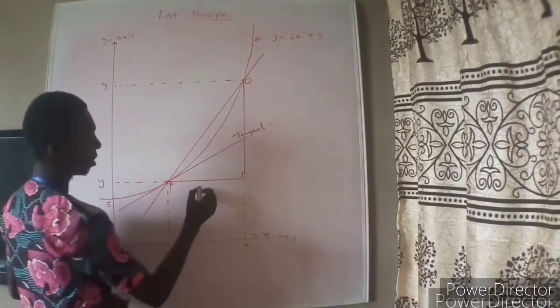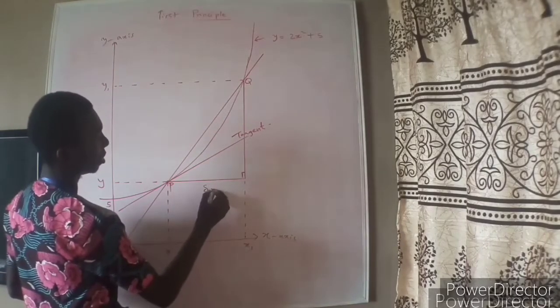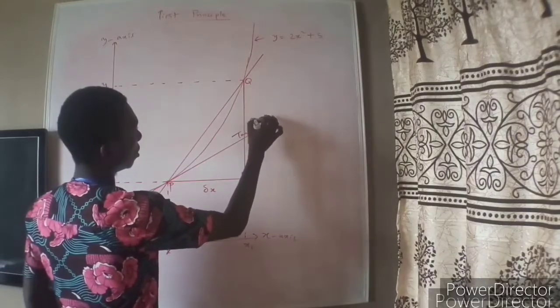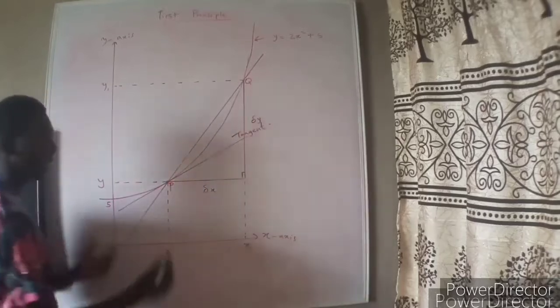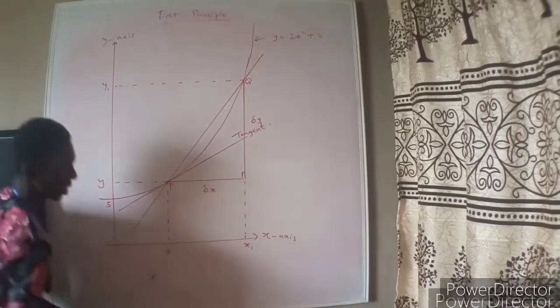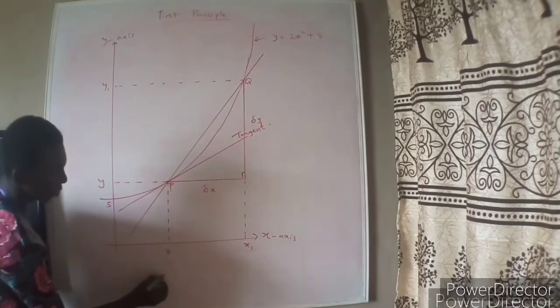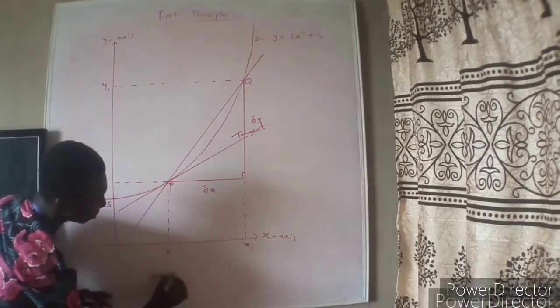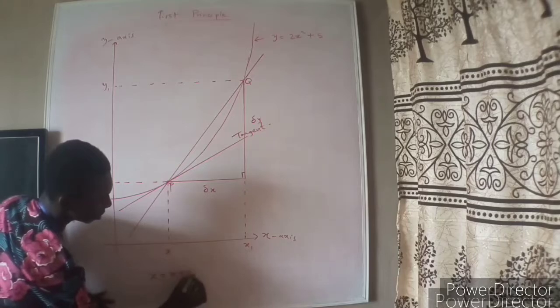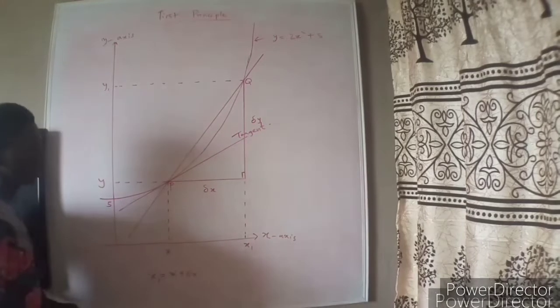So this place is the change in my x, and this part is the change in my y. So on my x-axis, everything on my x-axis definitely would be what? From here to here is my x, and from here is my change in x. I'll be having x plus change in x. That's my x1.